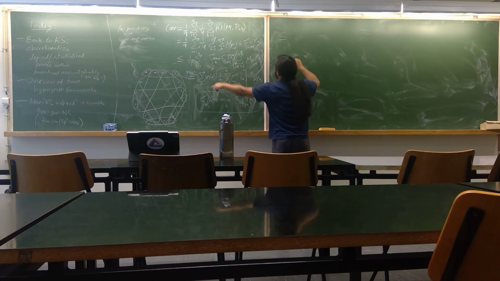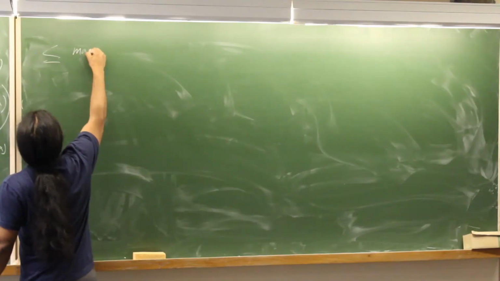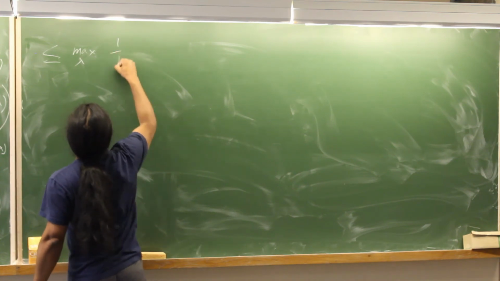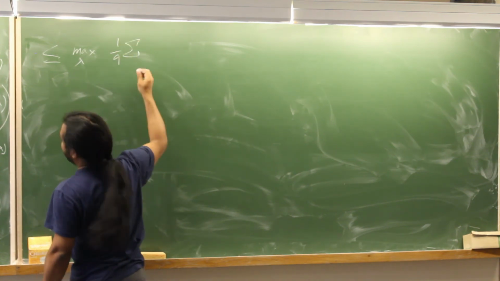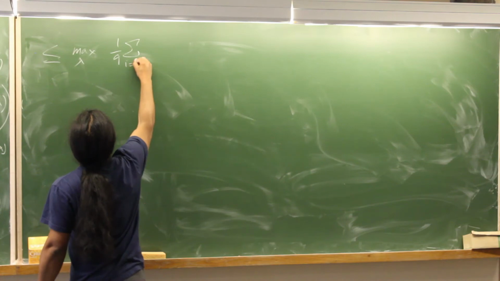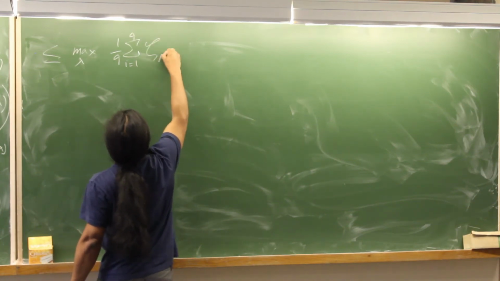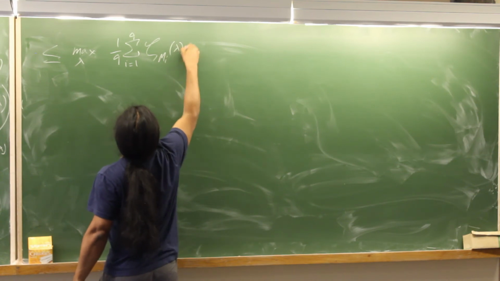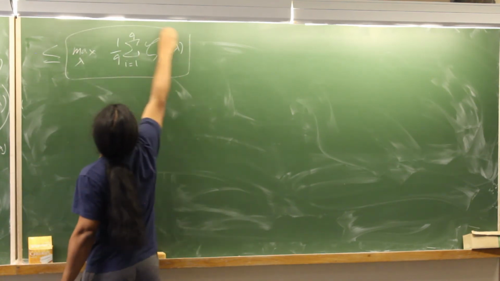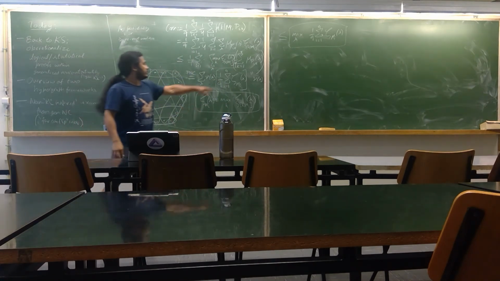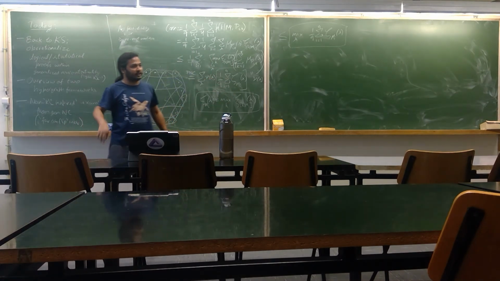So this thing is less than or equal to the max over lambda of 1 over 9 sum over i equals 1 to 9 of zeta mi. Is that okay? I just take the largest value. These are all positive numbers.